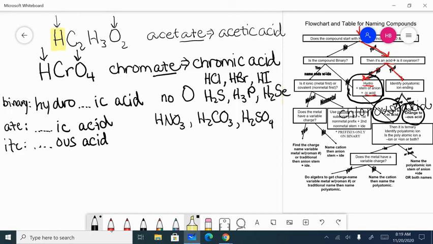So examples of that would be chlorous acid, carbonous acid, sulfurous acid, like such. So here's a summary of our 3 different types of acids. You now know how to name all of the compounds on this flowchart.